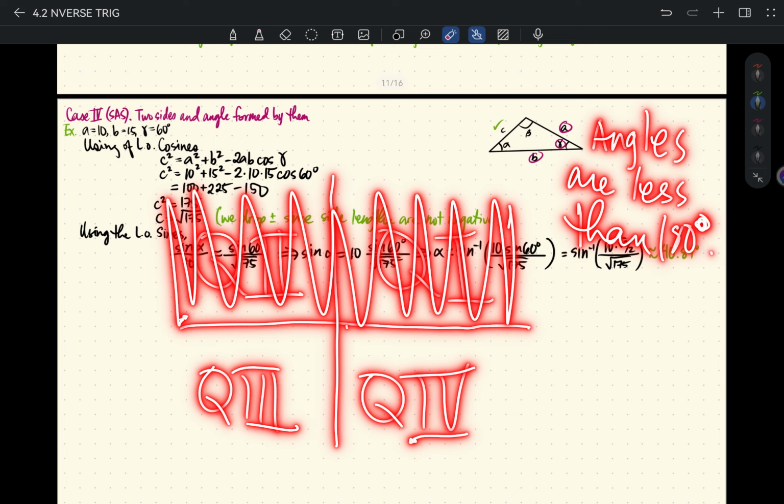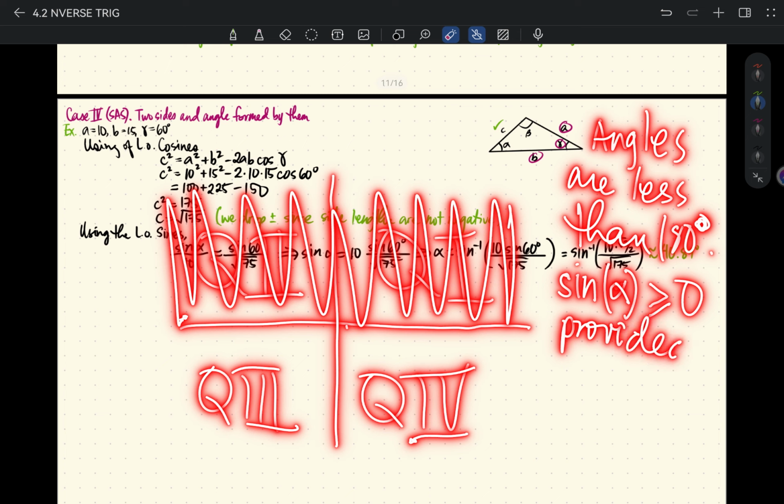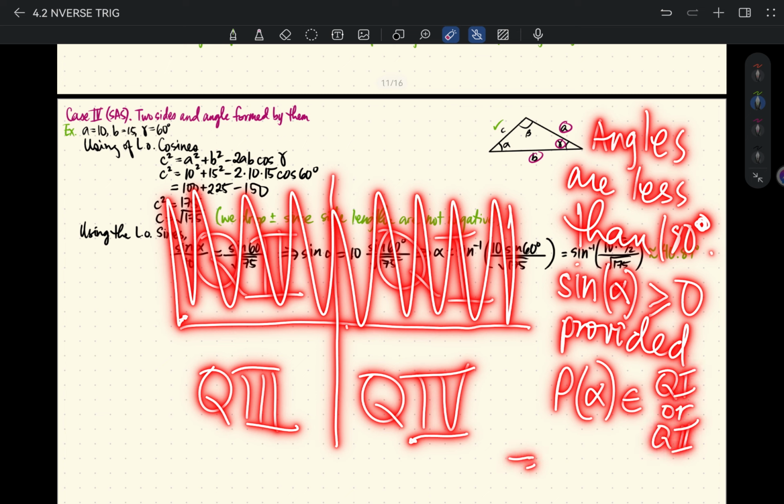Furthermore, sine of something is greater than or equal to 0, let's use alpha here, provided P of alpha is in quadrant 1 or quadrant 2. So that means alpha is in 0 to 180 degrees.